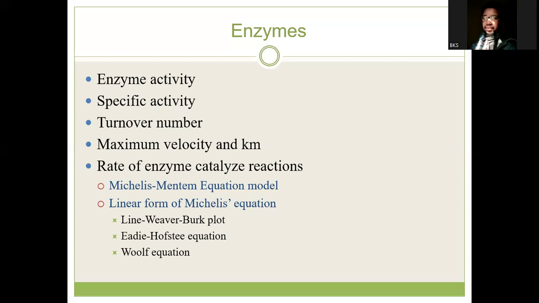And then those of you that will write the Michaelis-Menten equation, discuss how the Michaelis-Menten equation came about. Then we talk about the linear form of the Michaelis-Menten equation. We talk about the Lineweaver-Burk plot. We talk about the Hanes-Woolf and Eadie-Hofstee equations. So that is that for study session 4.